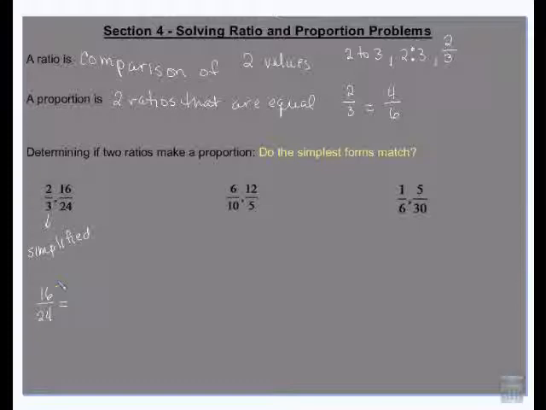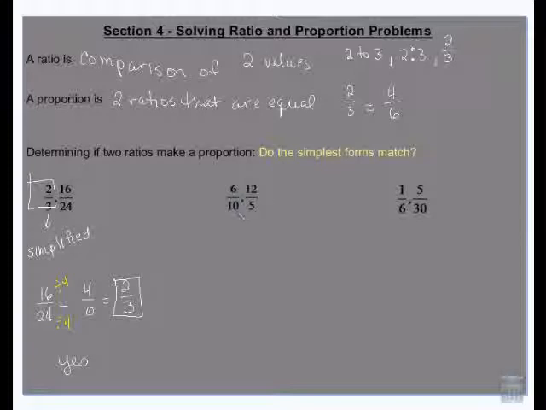So if I divide by 4 to the top and the bottom, I would get 4 over 6, which would then divide by 2, and I'll get 2/3. 2/3, 2/3, they match, so it is a proportion.